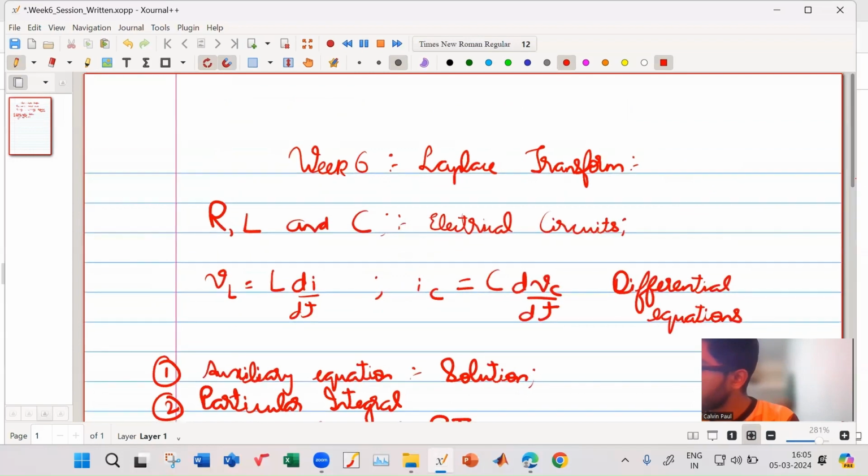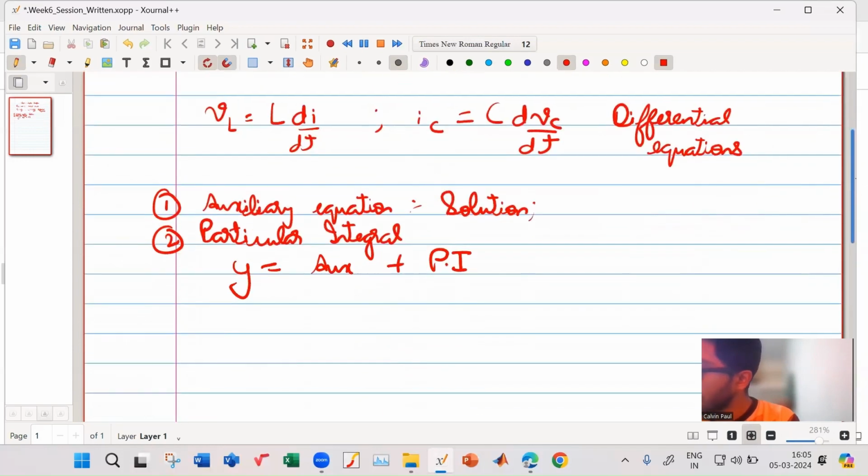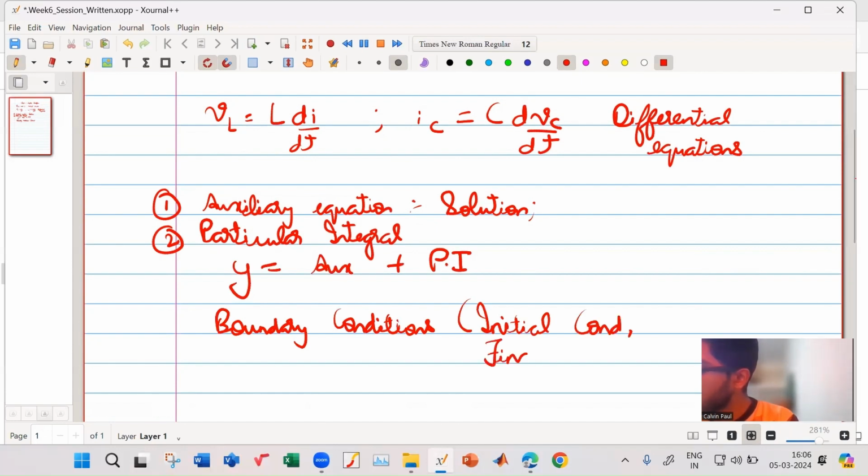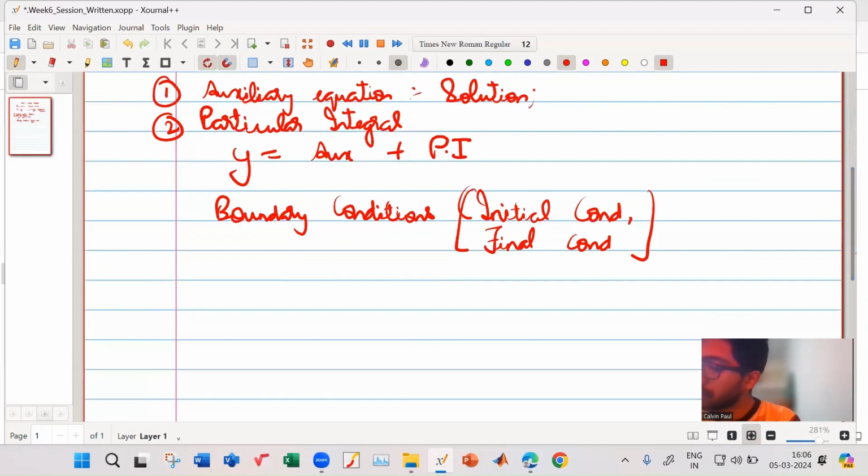After that, we will apply our boundary conditions. What are boundary conditions? They are your initial conditions as well as your final conditions, etc. After doing all this, we will get a complete solution.